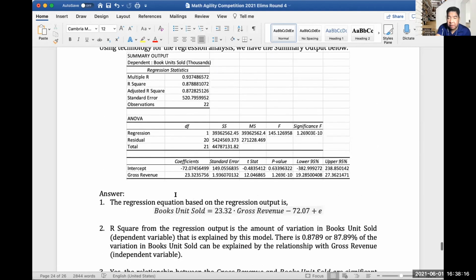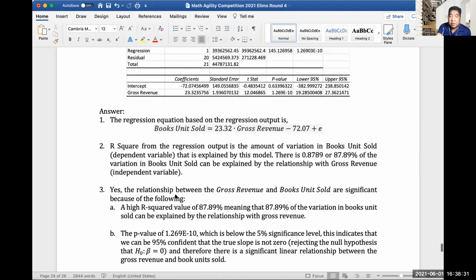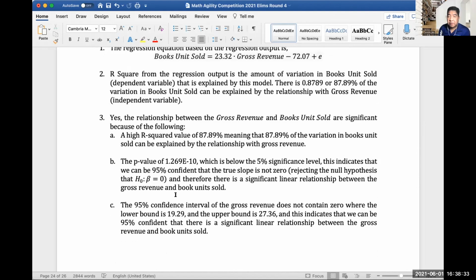And then in terms of p-value, let's go back to the regression output. You can find the p-value here, which is 1.269 raised to the negative 10. So you have 10 zeros in front of the number. Our significance level is 5%, so definitely our p-value is below that. This indicates that we can be 95% confident that the true slope is not zero.